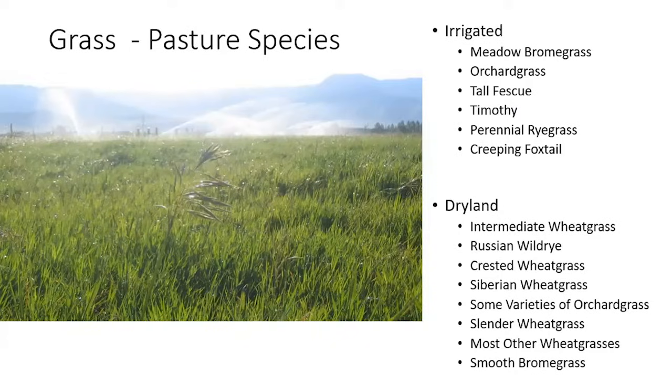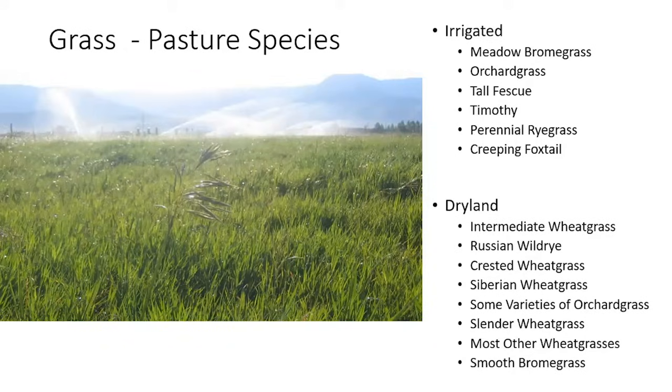So let's move on to the dryland ones. There's a lot of different grasses listed here, but in a dryland situation, you need to decide how dry it is, and try to match those grasses to your site. If you've got something that's extremely dry, you should probably go with the crested or Siberian wheatgrass.